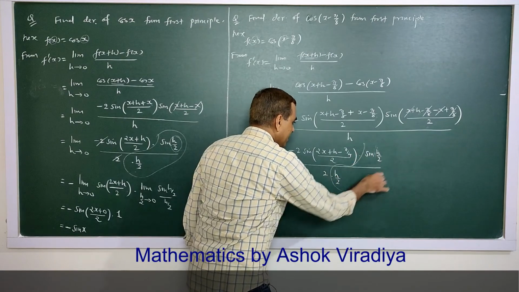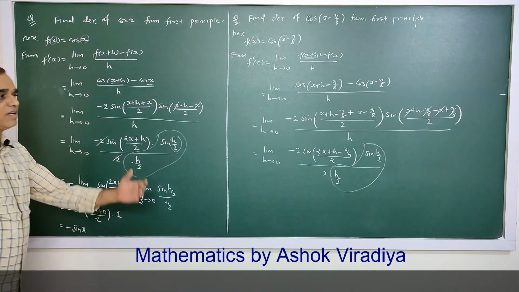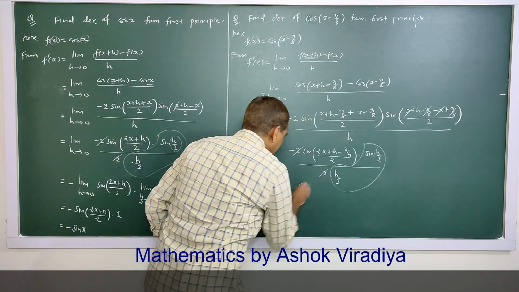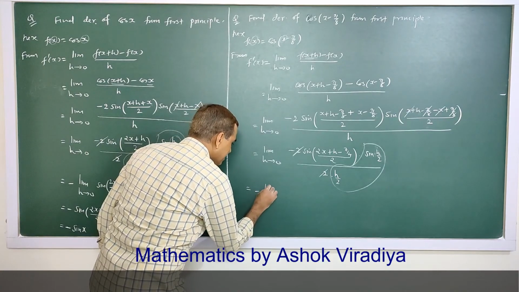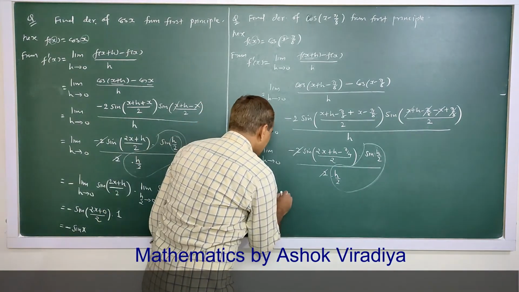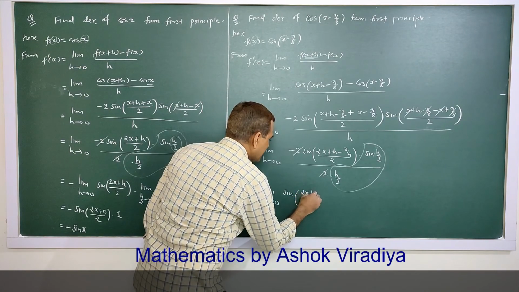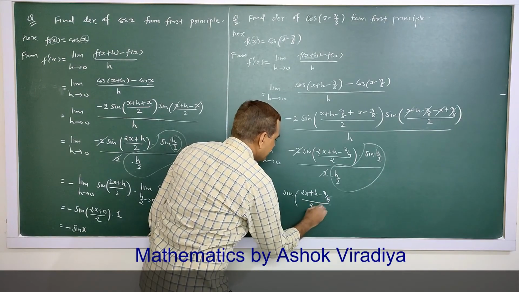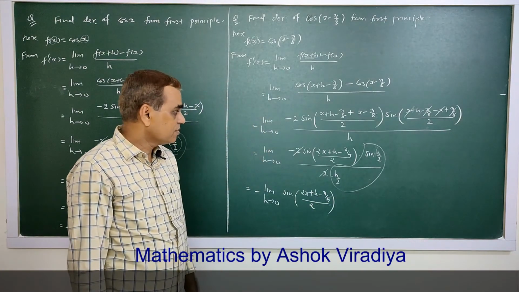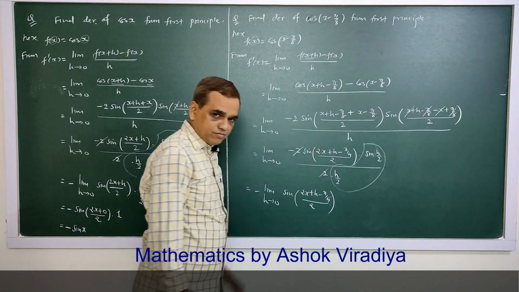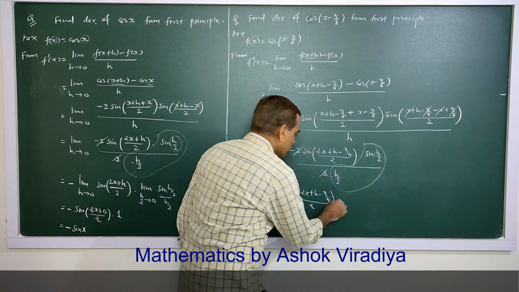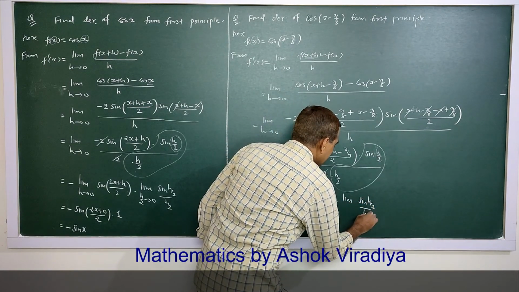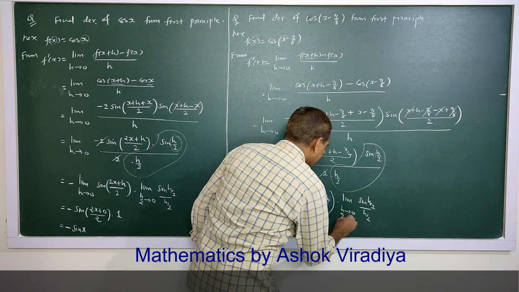So here we can apply the rule of limit for the sine function. This 2 is cancelled. So minus taken outside, limit h tends to 0, sine of (2x plus h minus pi by 4) divided by 2, which we can also put in simple form or keep as it is, into limit of sine (h by 2) upon (h by 2), where h by 2 tends to 0.